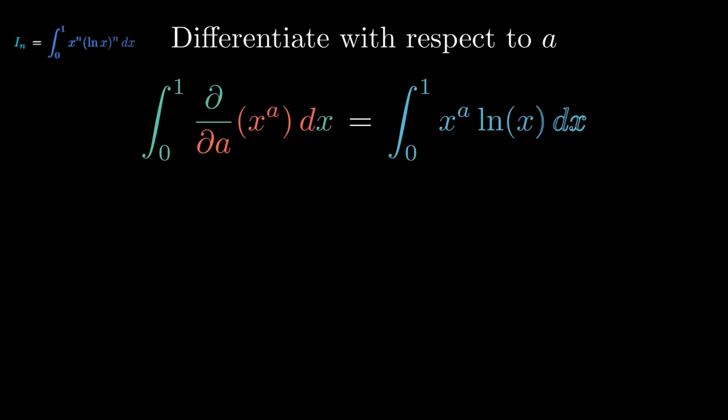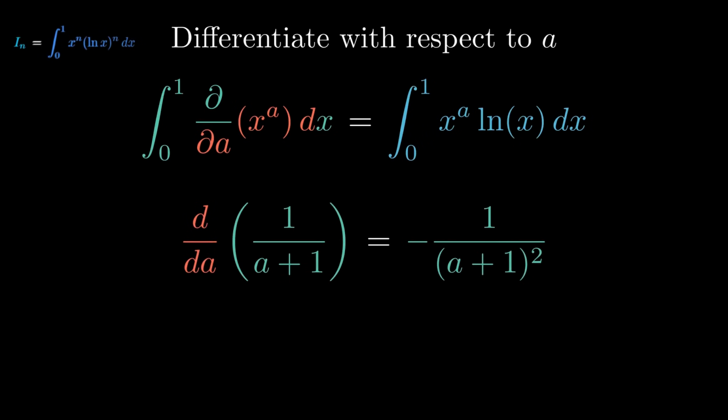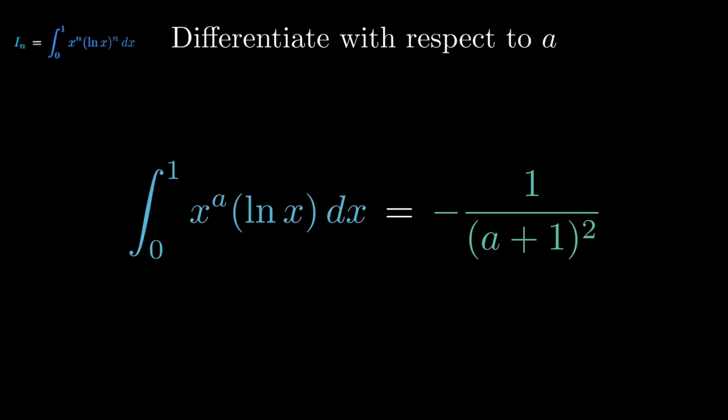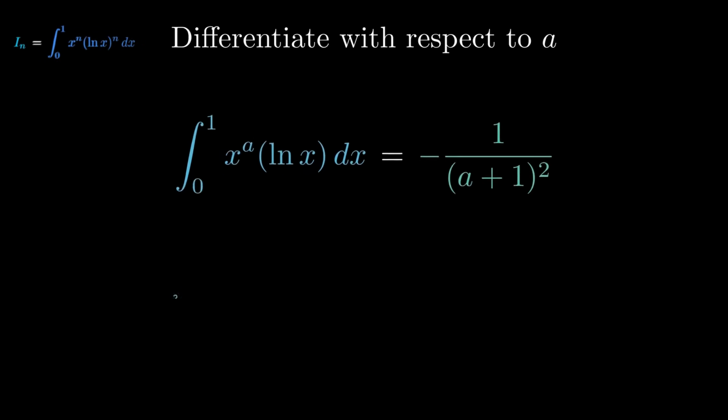So the left side becomes the integral from 0 to 1 of x to the a times ln x dx. On the right, differentiate 1 over a plus 1. That gives negative 1 over (a plus 1) squared. So we have a new identity. The integral from 0 to 1 of x to the a times ln x dx equals negative 1 over (a plus 1) squared.